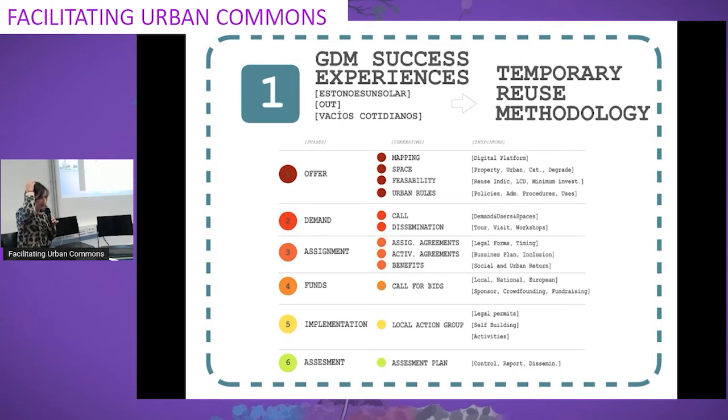Then we have the phase of the demand, which is fundamental. Cities and public administration should be aware of the real demand of citizens on the use of those spaces. Dissemination is also very important, because many public administrations are not aware at all of the link they should create between the existing spaces and associations.